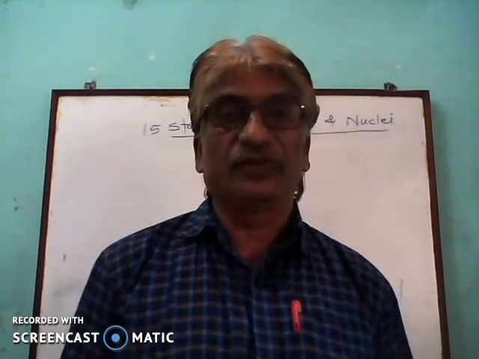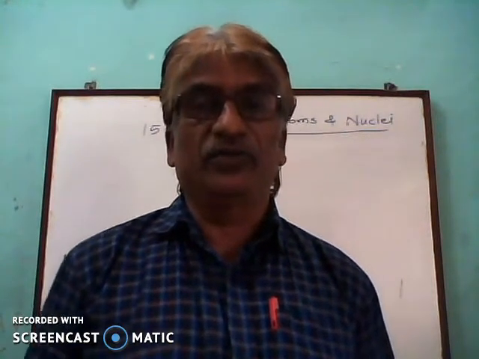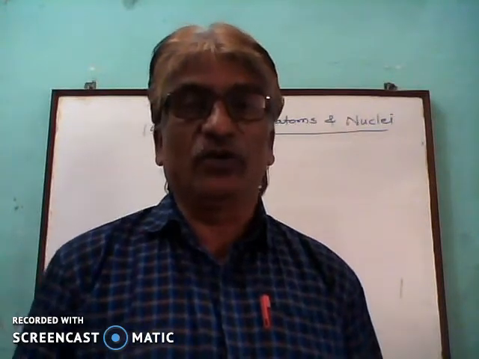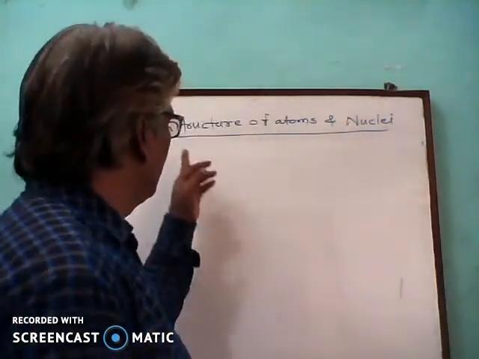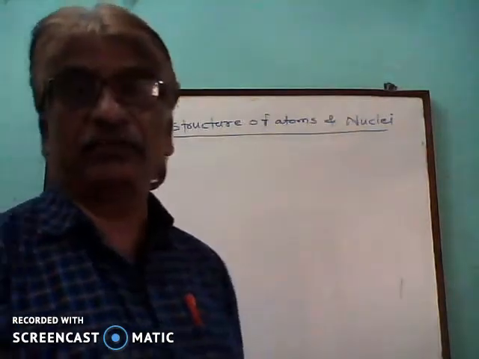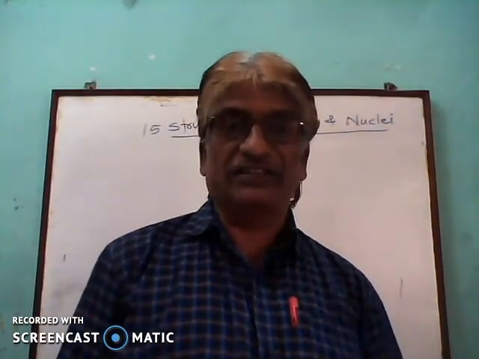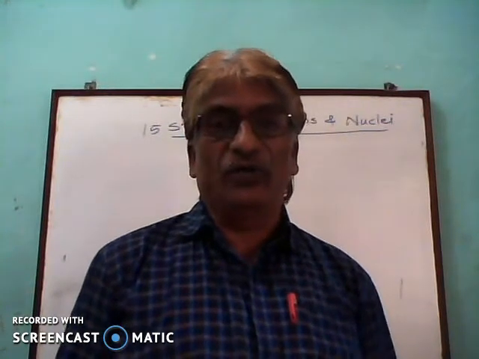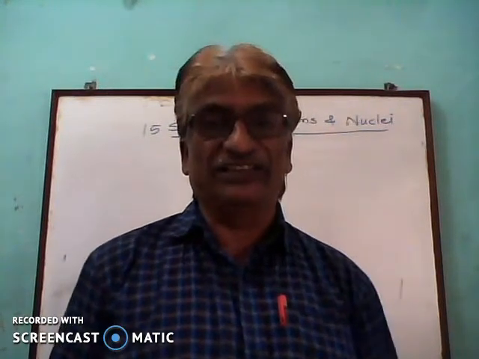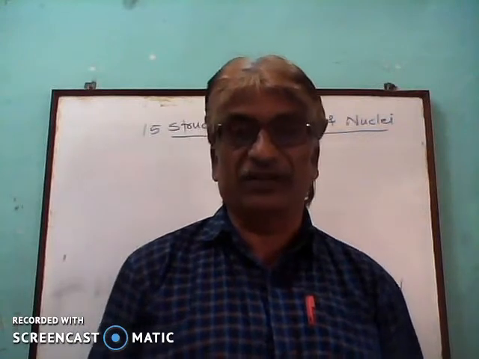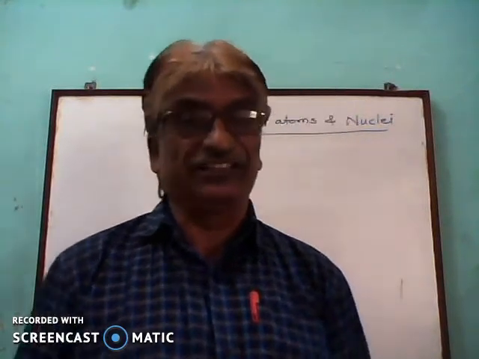Today we have to study chapter number 15, structure of atom and nuclei. In the previous video we saw four lines in the Balmer series. The Balmer series is the visible series.